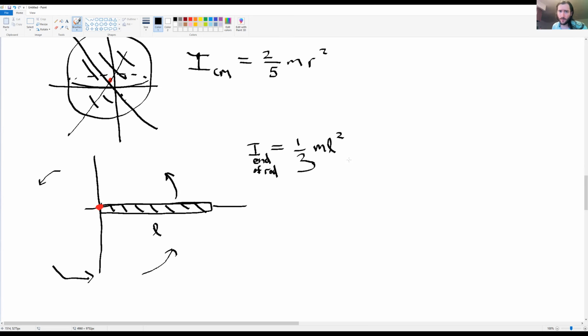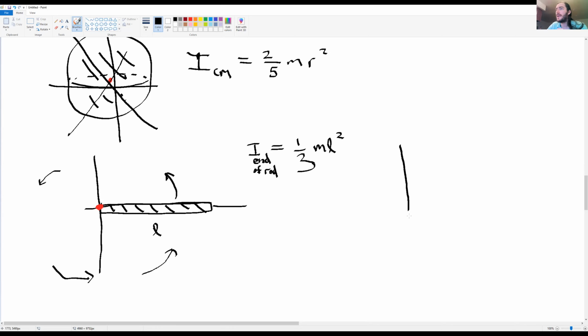Again, these formulas will be given to you on the test. I wouldn't ask you to remember all these moment of inertia formulas. If I ask you a question with a particular kind of shape, I'll give you the formula for that shape, so you don't have to memorize these. The moment of inertia rotating the rod about its endpoint is 1/3 ML squared.